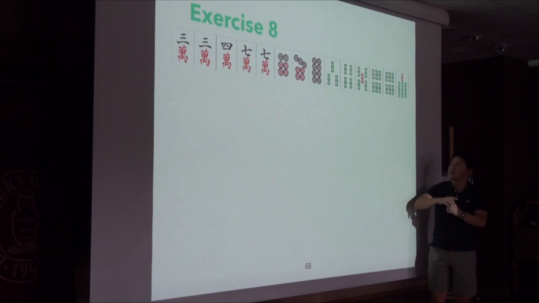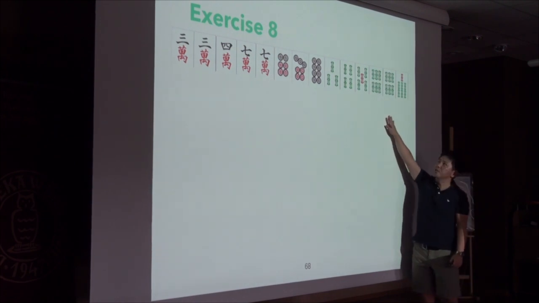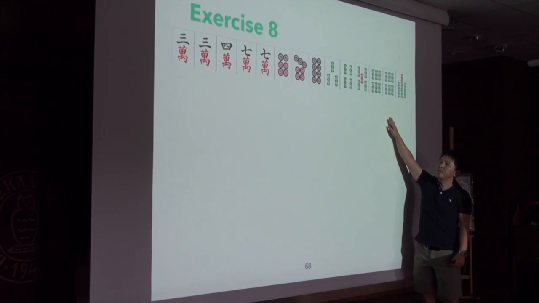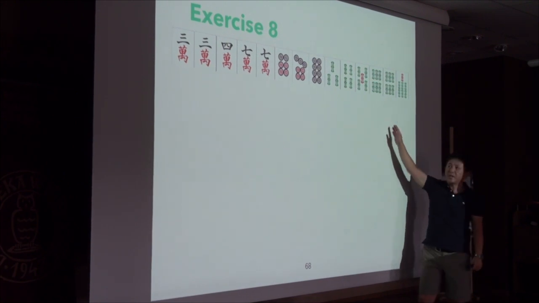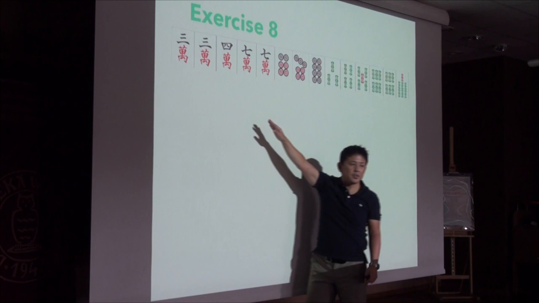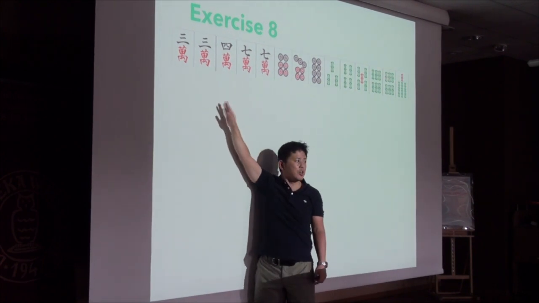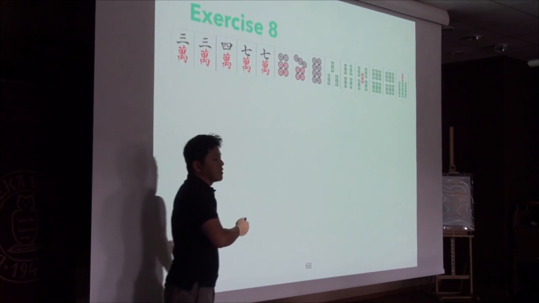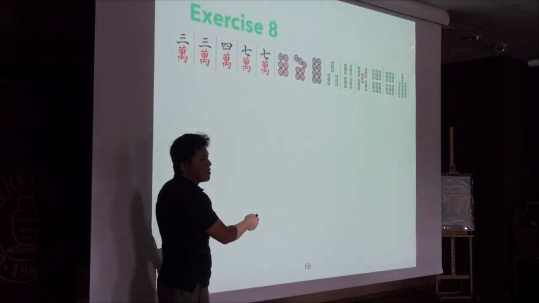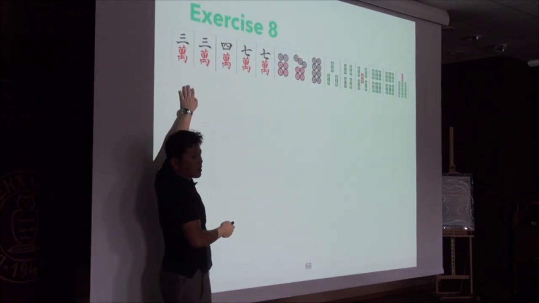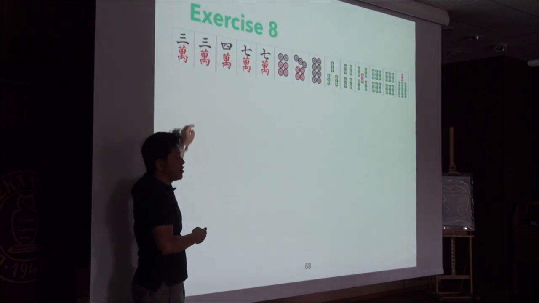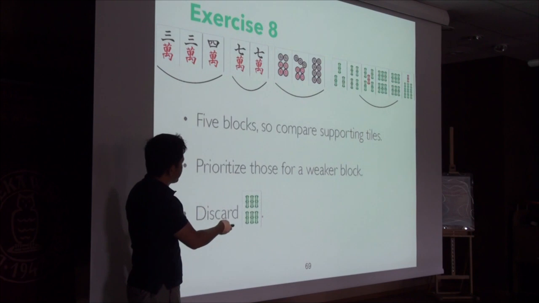So this is the stronger block. So this one doesn't need a supporting tile as much as this one, right? This is strong but weaker compared with the three-sided wait block, right? So discard 6 to retain a supporting tile for the weaker one. Right? So discard 6, right?